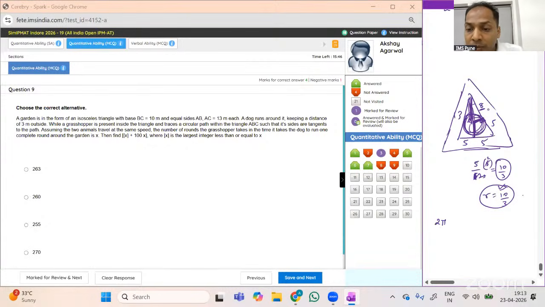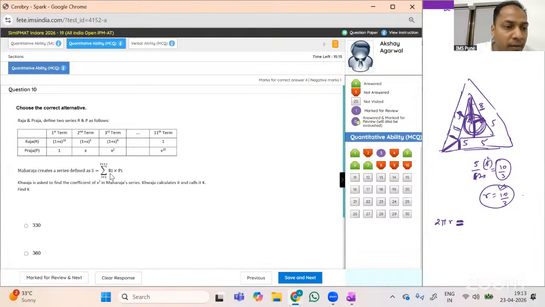Therefore, the 2 pi r would be... Okay, I am a little confused now. If this is 5, this is 5, this is 3. I shouldn't have wasted time on this one.